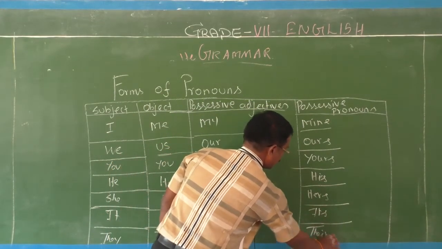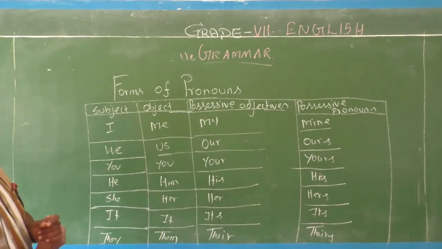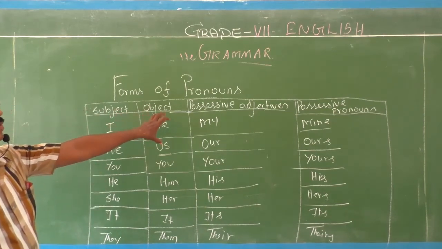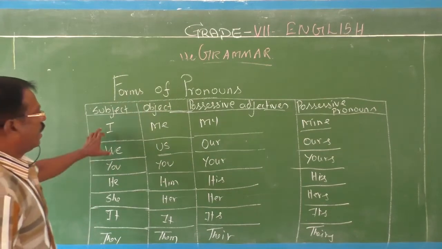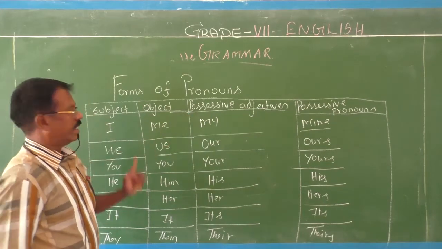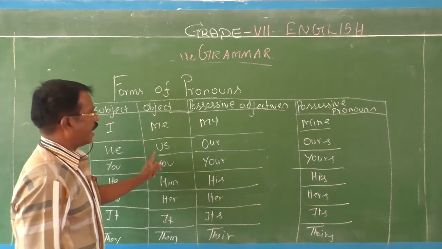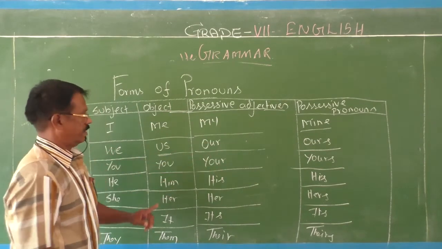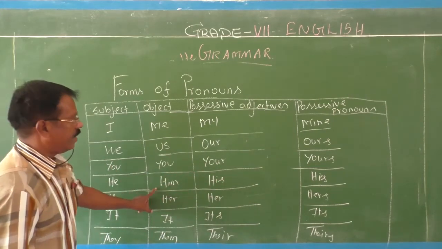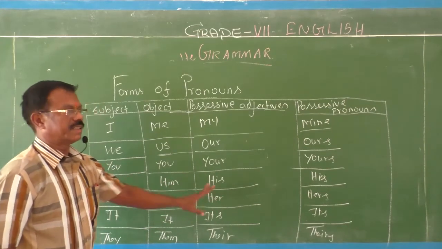theirs. Okay, children. Now I have given the forms of pronouns: subject form, object form, possessive adjective form, and possessive pronoun form. When you learn this table, you have to learn in this way: I, me, my, mine. We, us, our, ours. You, your, yours. He, him, his. She, her, hers.